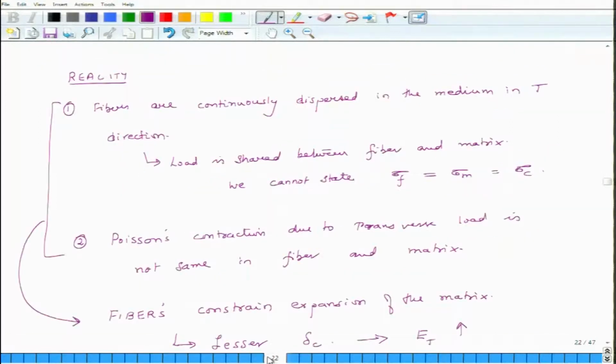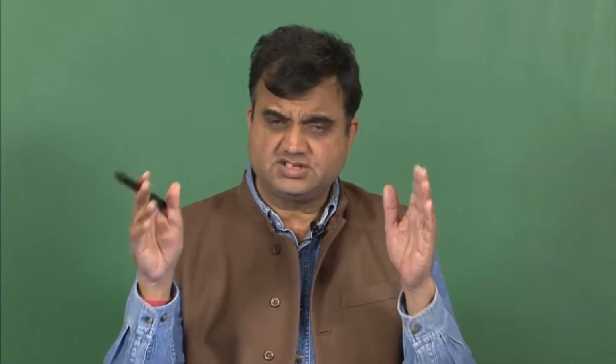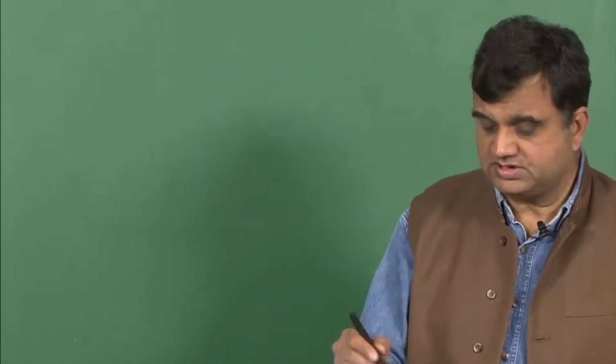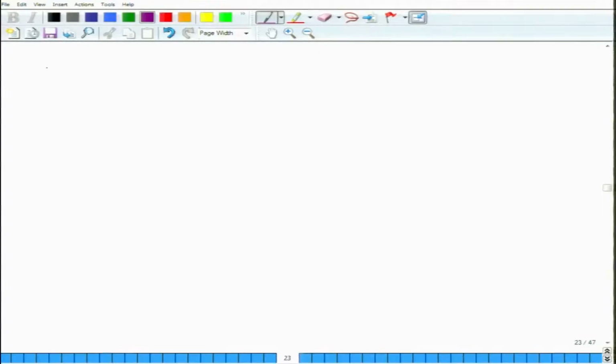Okay. So, to find a more reliable estimate of ET, there are several ways to solve this problem, but at least in context of this course, we will not go to those methods, but rather I am going to share with you one result which gives reasonably good prediction of ET directly. So, that method is a formula.